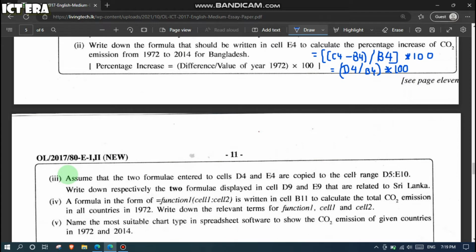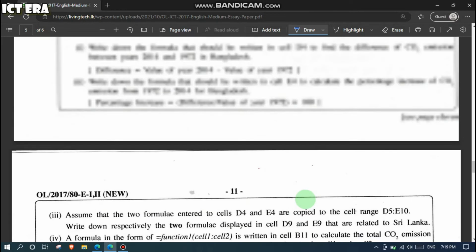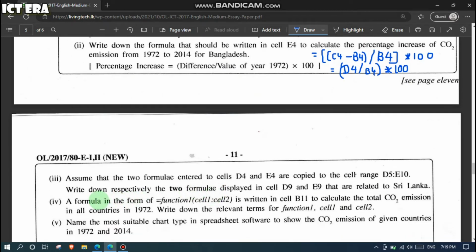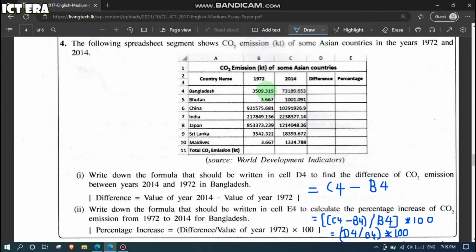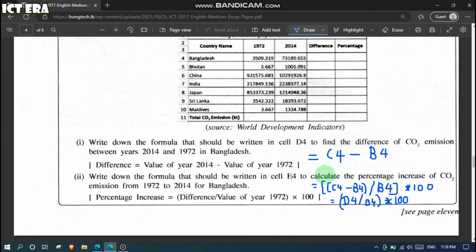Then the third one. Assume that the two formulas entered in D4 and E4 are copied to the cell range D5 to E10. Okay, all are copied. Write down respectively the two formulas displayed in D9 and E9, that are related to Sri Lanka.